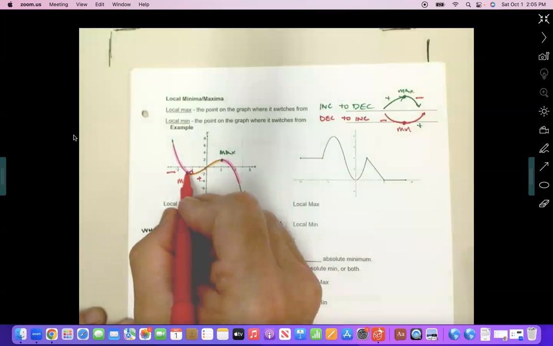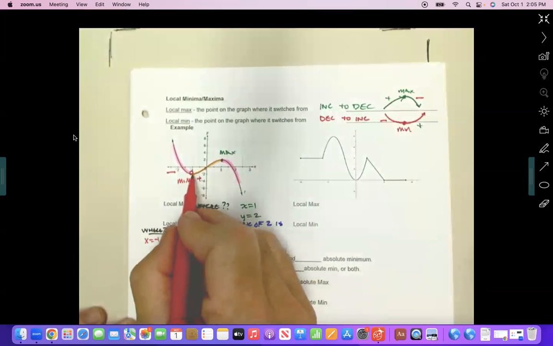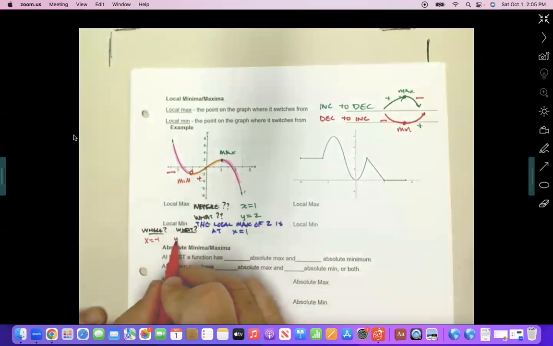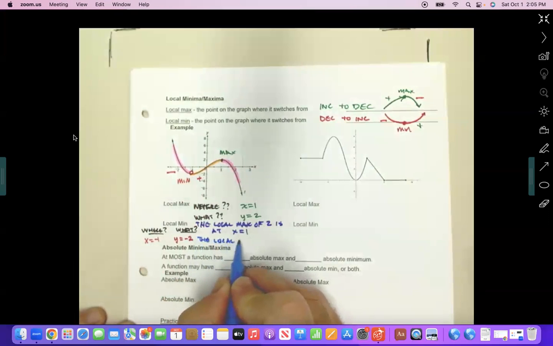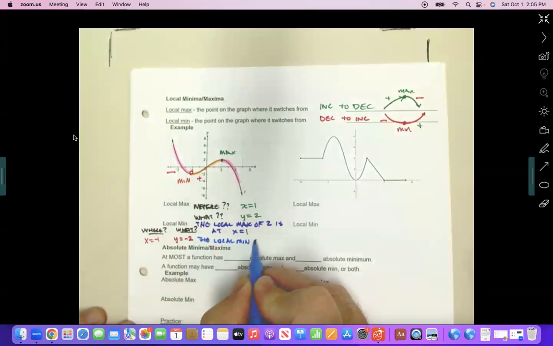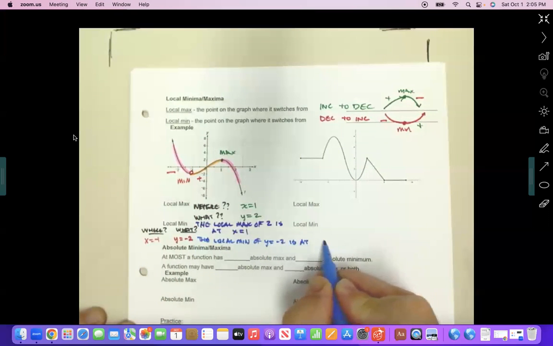The where is at x equals -1. The what is y equals -2. And in this case, the local min of y equals -2 is at x equals -1.